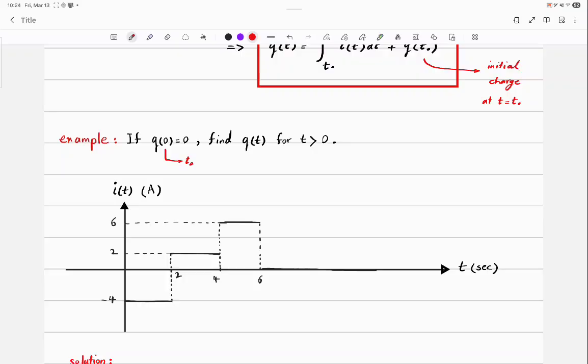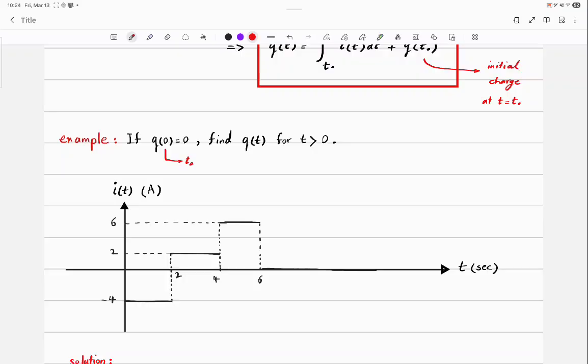Then it comes up to 8. And what happens after that?